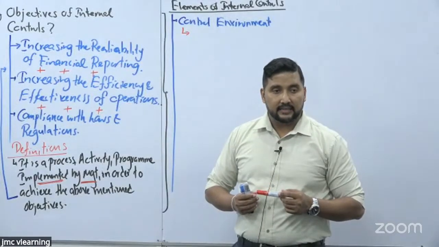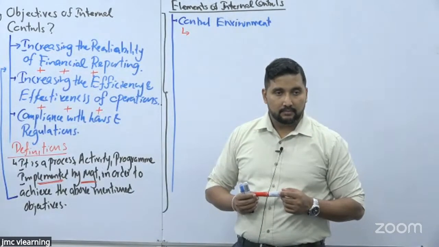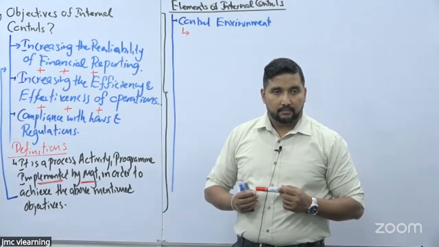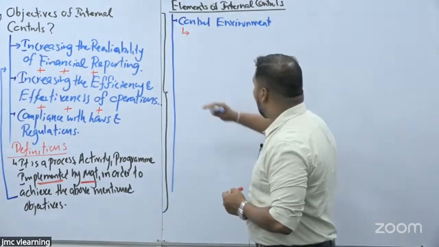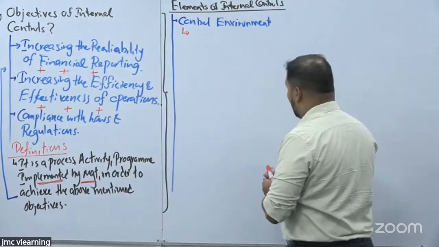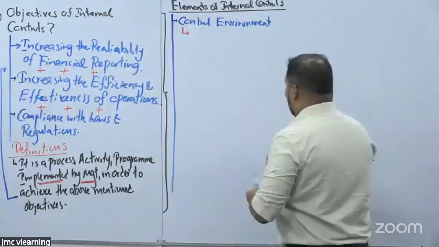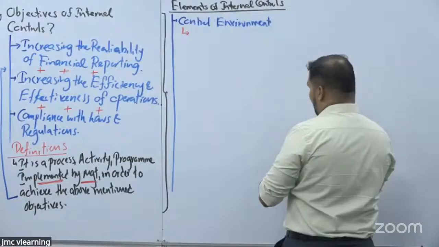Are we clear on that? Yes, sir. Right. Okay. So we'll update the short note, then we'll go to the presentation. Right. Control environment. Okay. In simple language, control environment is what?